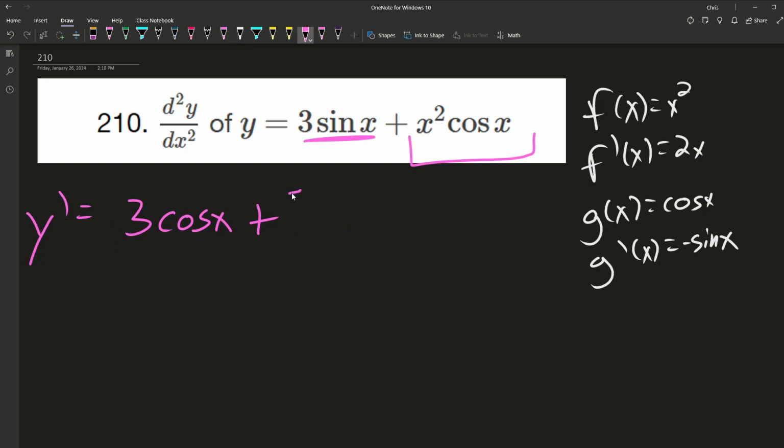So now I'm going to put some brackets here so we can use our product rule. Our product rule is the derivative of the first, that's f prime, times g, it's cosine x, plus the derivative of the second times the first. So that's g prime times f. That's negative sine x times x squared.